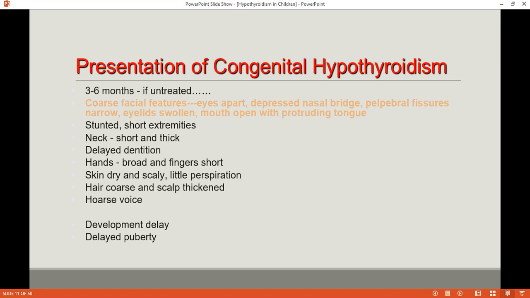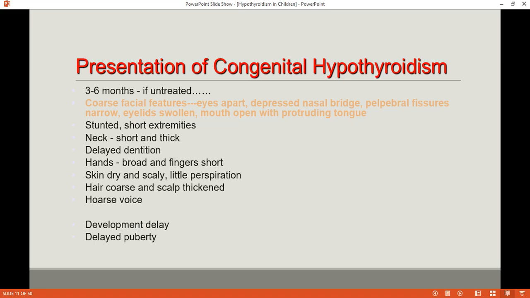The skin is also thickened, and you may get harshness of the voice. Later on, the last features are developmental delay, delayed puberty, and short stature. These are later signs.